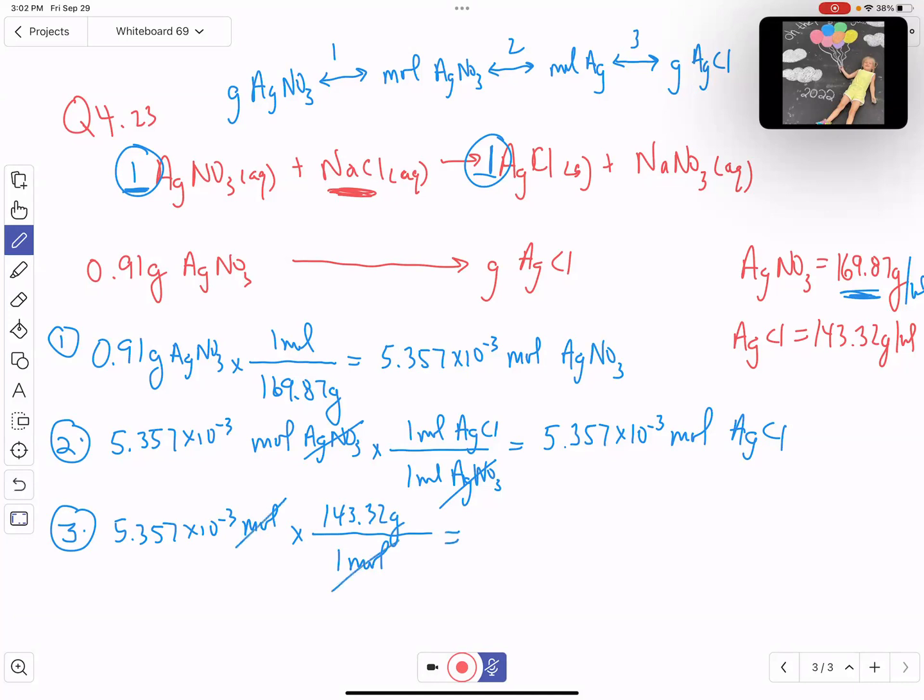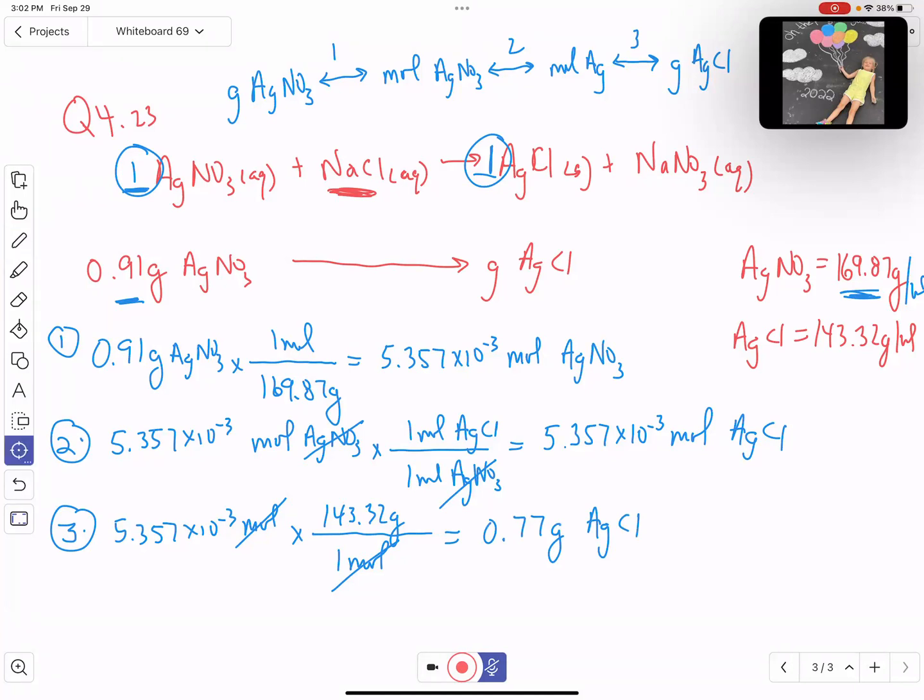So moles cancel out. We multiply by 143.32, and the mass that I'm going to make at the end of this, to 2 significant figures, since we started with 2 significant figures in 0.91 grams, is about 0.77 grams of silver chloride.